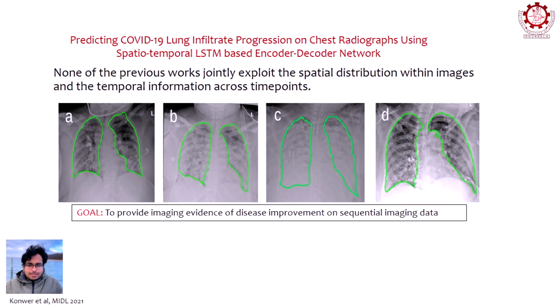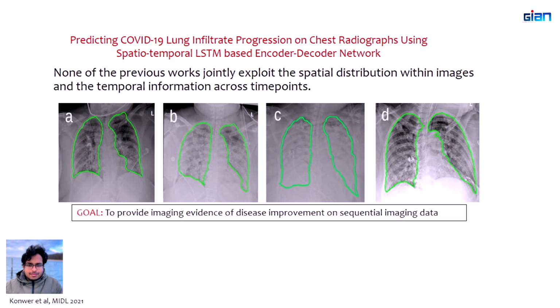But what we realized was missing is that there was not much work where researchers tried to understand how the disease is progressing, because that's where we would add value to the decision making workflow. Just saying it's COVID or it's not COVID, I think radiologists back then could just look at the X-rays and say so.